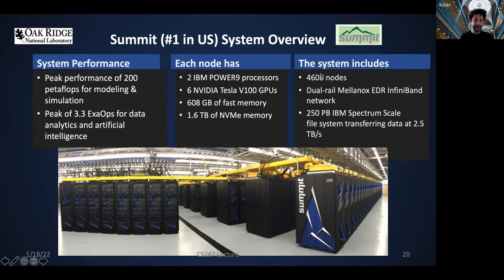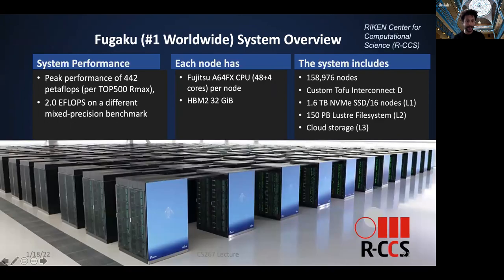What Summit has achieved here is with fewer than 5,000 nodes, because each node is really fat with a lot of compute power, with all these 6 NVIDIA GPUs. And Fugaku, by contrast, went to a completely different route of having, I would say, almost 2 orders of magnitude more nodes, and no accelerators.